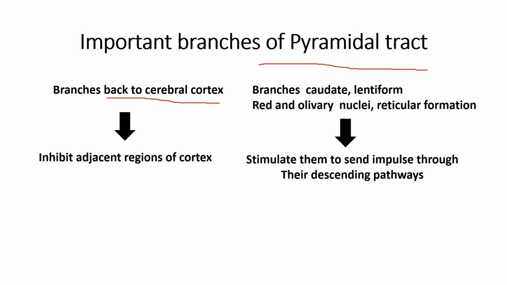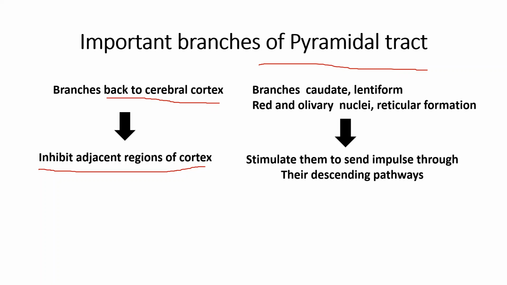Because it inhibits the adjacent regions of the cortex. For example, when you are moving the hand, as a synergistic action, other areas such as the lower limb areas could also be excited. So what the branches do is send back the order: it is only for the upper limb, don't trigger the lower limb, and that inhibits the adjacent region of the cortex.